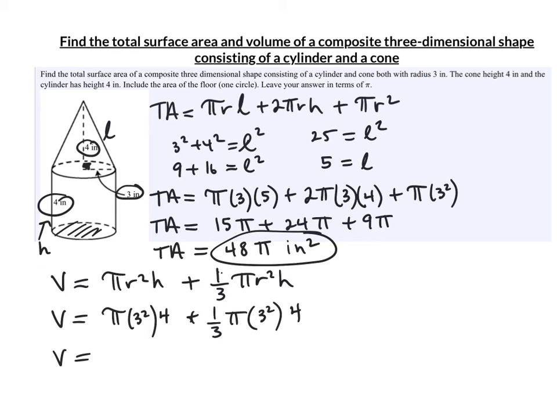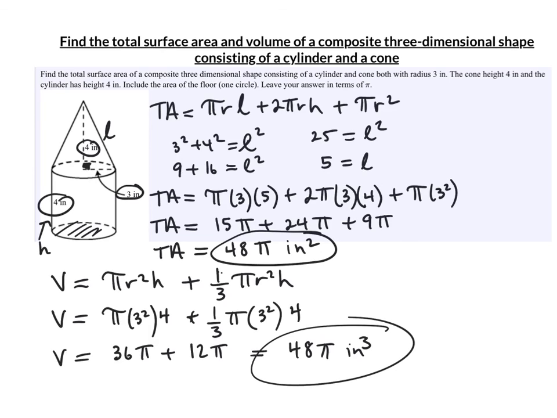That's 9 times 4, which is 36 pi, plus 9 times 4 again is 36, divided by 3 is 12 pi. 36 and 12 make 48 pi, and that would be inches cubed. Now on this one, we're going to find the exact value because the numbers work out nicely.